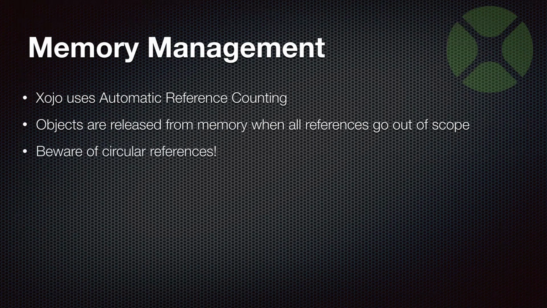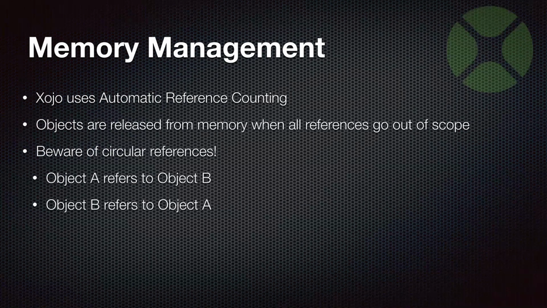And generally speaking, you don't have to really worry about much. That just works. But you do have to be aware of circular references. This is a situation where object A refers to object B, and then object B also refers back to object A. So you've got a circular reference there.